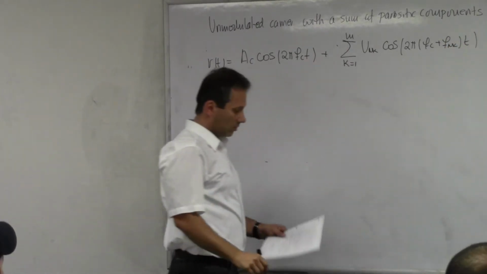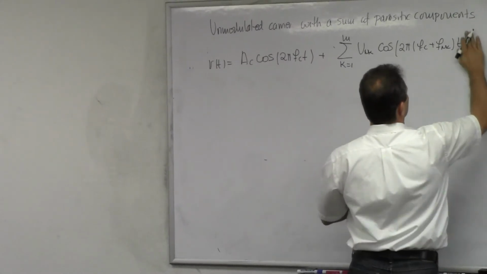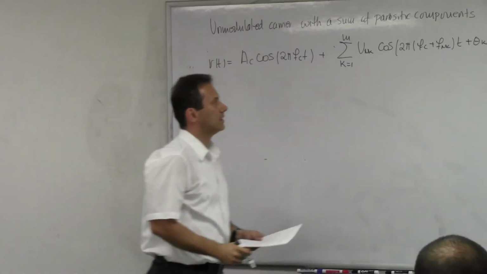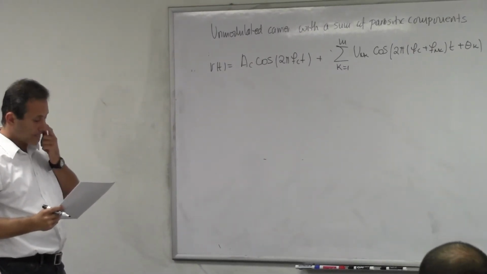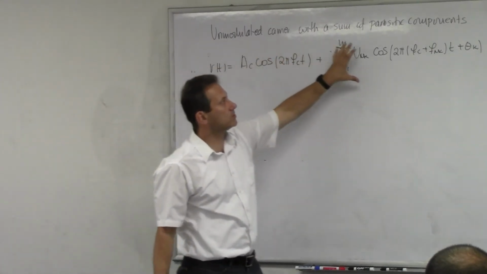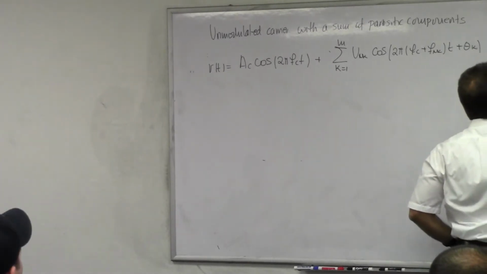I can put here a theta k, because now that I have many of them, I cannot hope that they're all of the same phase. So I have my carrier, and then I have a whole bunch of components corrupting it. This is what the picture is.